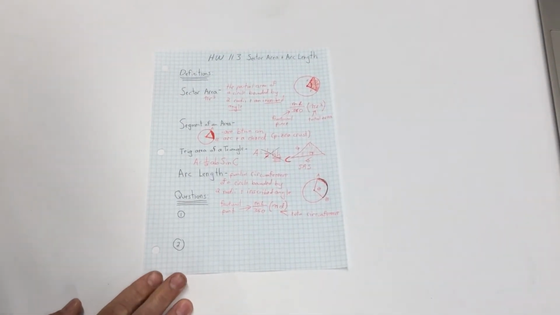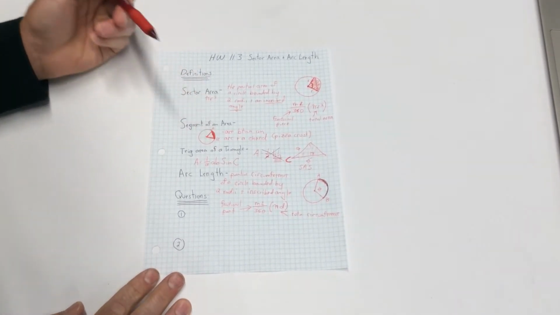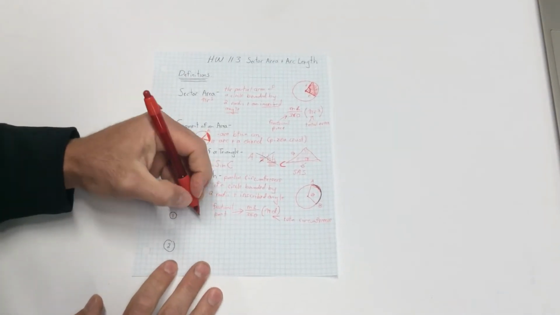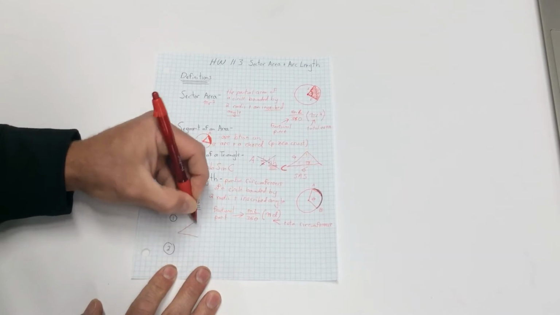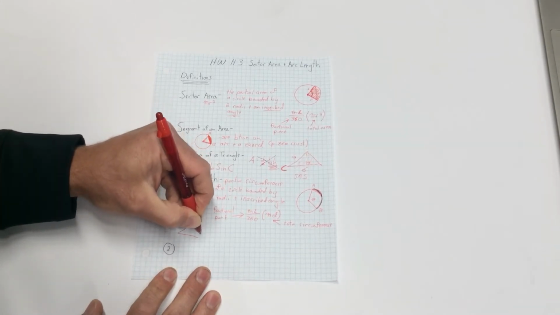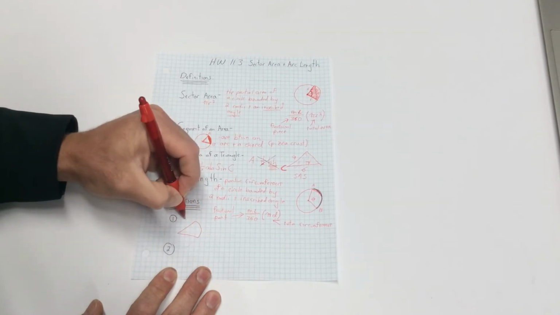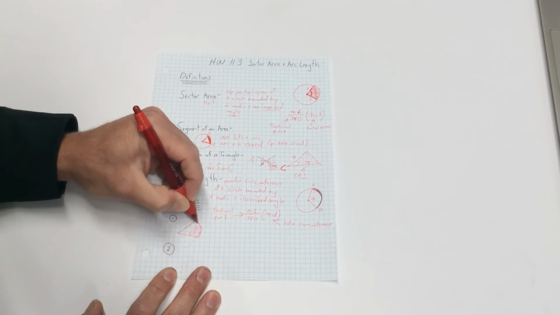Okay, so number 1 asks, how do you find the area of a segment or pizza crust? Well, a sector area looks like this. It's a fractional part of a larger circle, and so you have the whole thing.